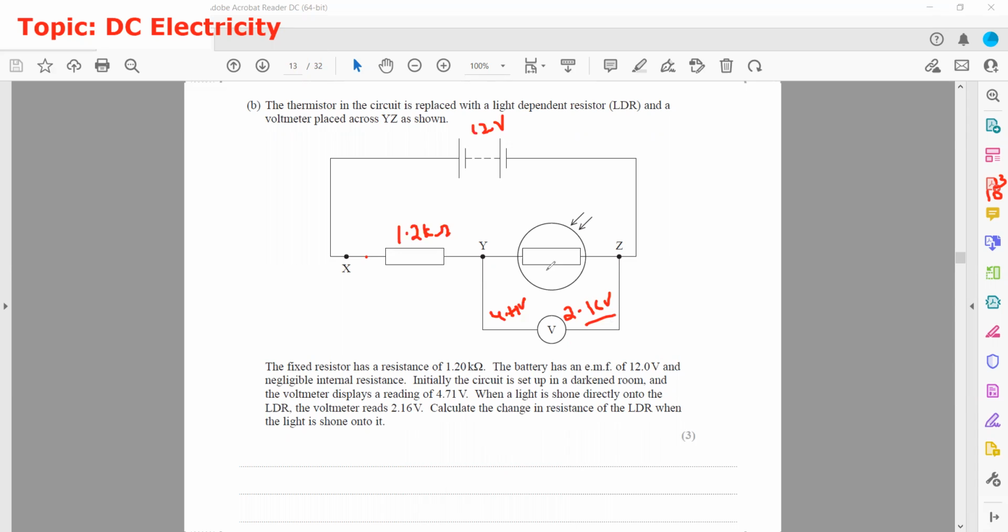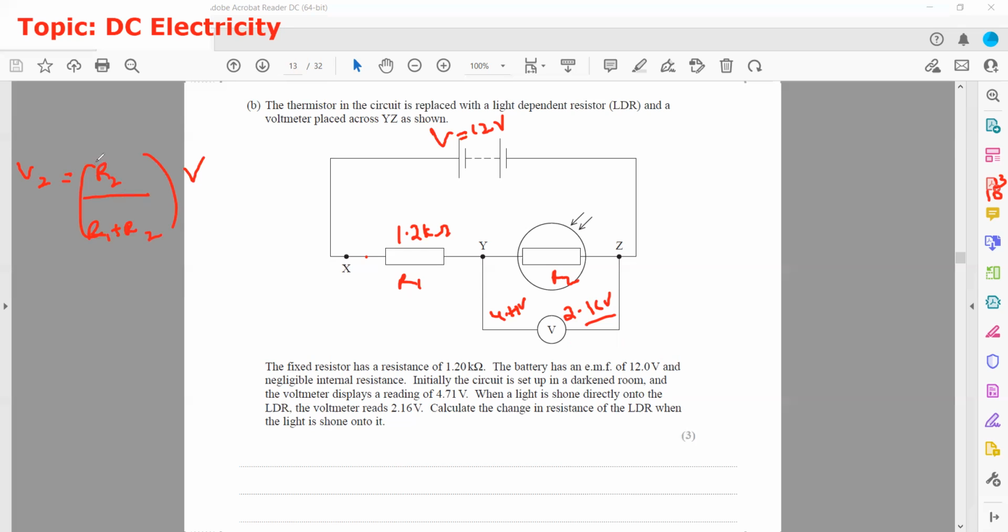Whenever we have a potential divider circuit, if I say this resistance is R1 and this one is R2, we have the formula that V2, the voltage across that component, equals R2 divided by R1 plus R2, times the combined voltage V. The combined voltage is 12, R1 is 1.2 kilo-ohms, and R2 we have to find.